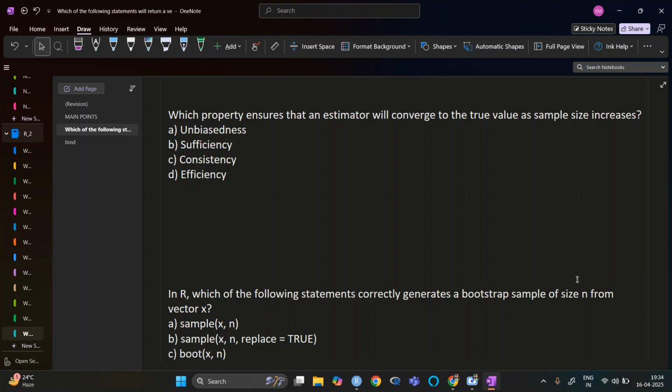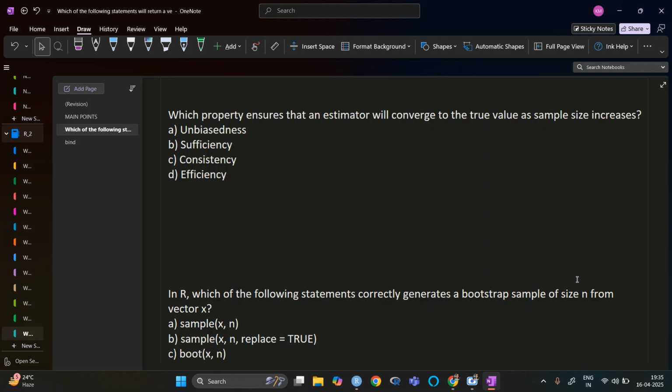We have not learned this, I think, in this course. So this is basically the consistency. If an estimator is converging to the true value as the sample size increases, we say that it is consistent. So if we increase the sample size, it is not going to happen that it will sometimes be different from the true value, sometimes away from the true value and sometimes close to it.